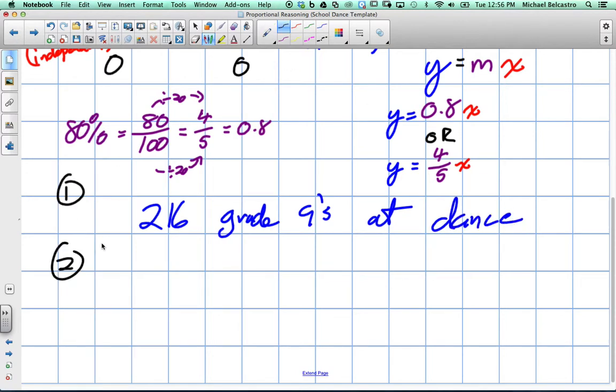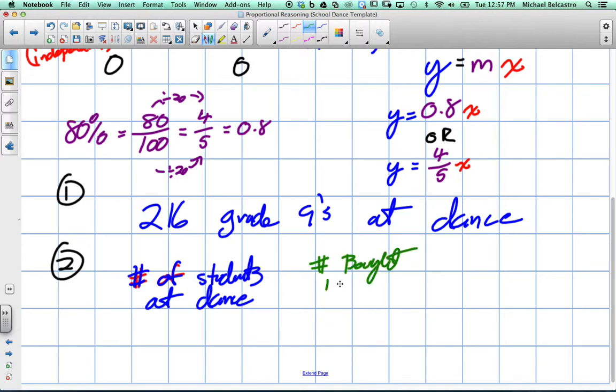Part 2, same idea. Again, it's directly proportional. If there are 0 students, so number of students at the dance, and number who bought tickets at the door.